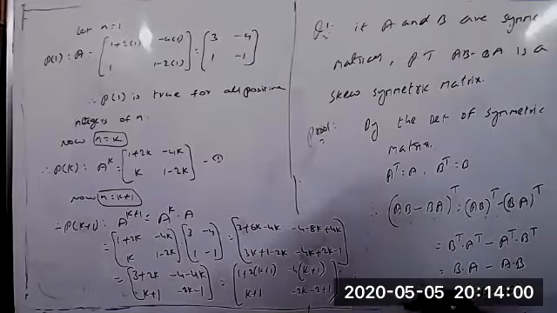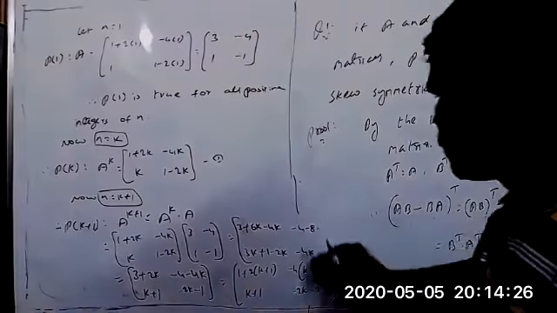Then AB minus BA whole transpose equals minus of AB minus BA. What do you call this? Skew symmetric matrix. So AB minus BA is a skew symmetric matrix.